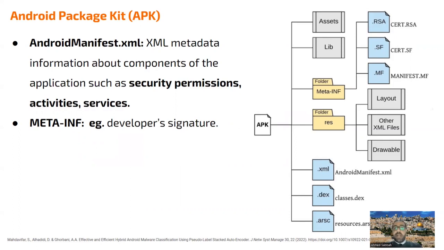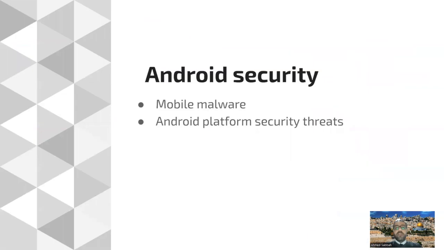For example, the Android manifest file contains metadata about the components of the application, such as security permissions, activities and services, and so on. The DEX file contains all the Java classes; in static analysis, when we use API calls, we investigate in the classes.dex. Now, Android security.